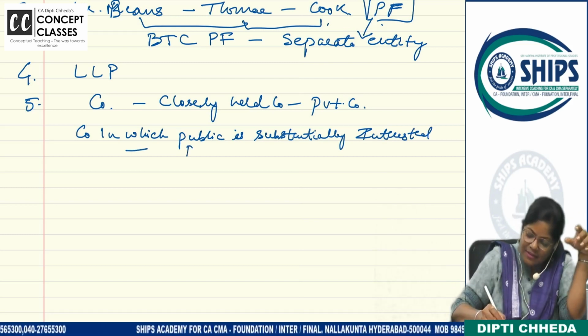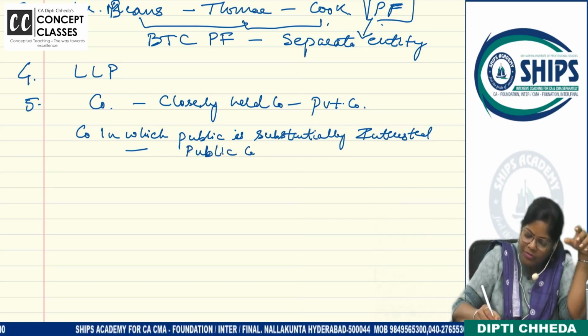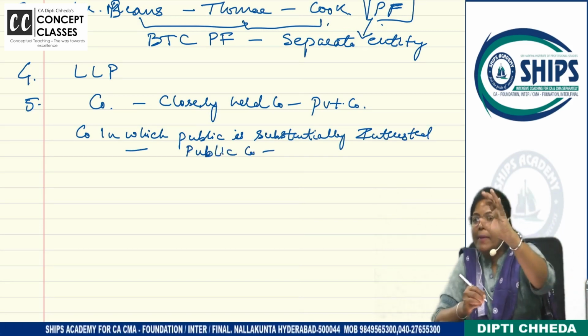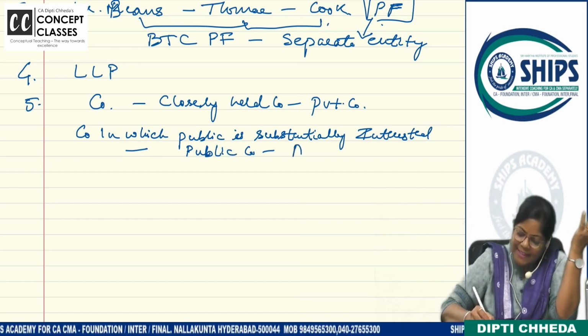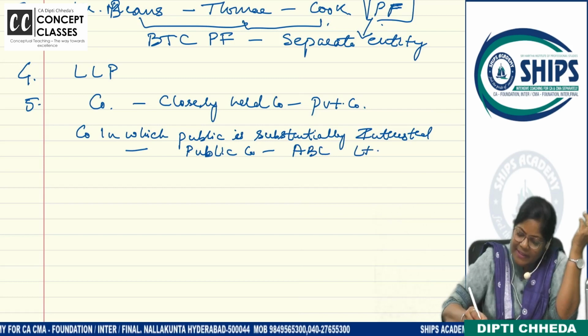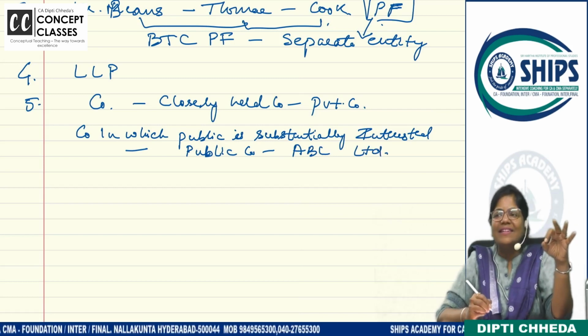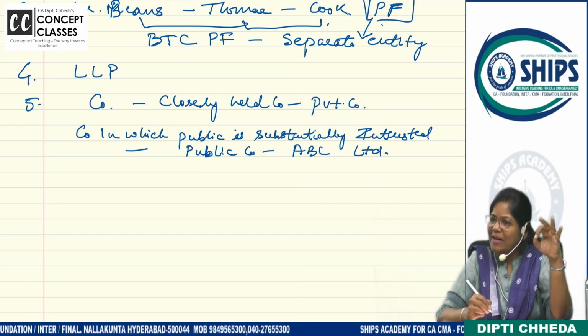I don't know why they keep such big names. It's a public company. I hope all of you know, it is never written ABC Public Limited. Do they write like this? It is ABC Limited. Limited means it's a public company.